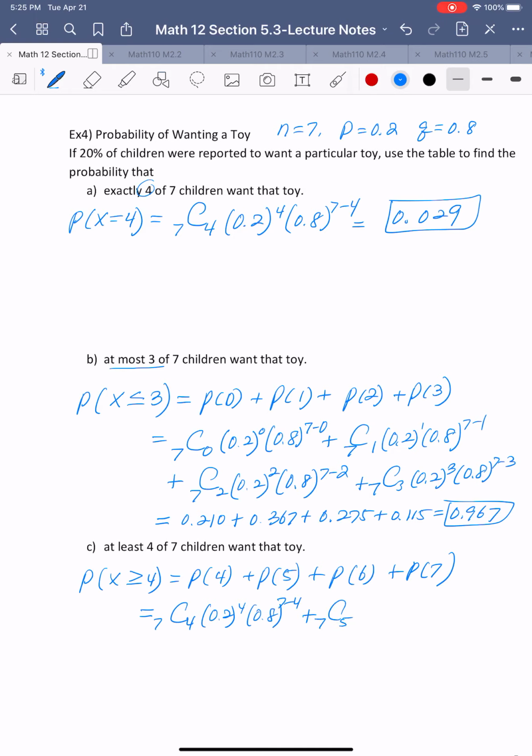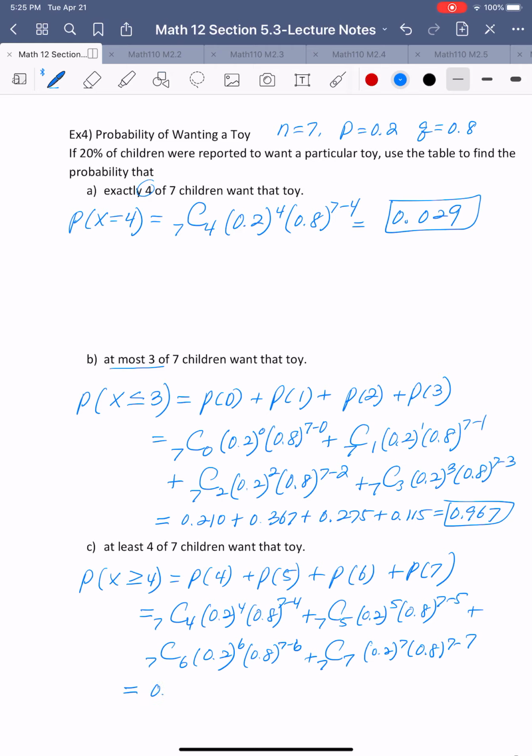C(7,5), 0.2 to the 5th power, 0.8 to the 7 minus 5, plus C(7,6), 0.2 to the 6th power and 0.8 to the 7 minus 6. C(7,7), and then you got 0.2 to the 7th power, 0.8 to the 7 minus 7 power.